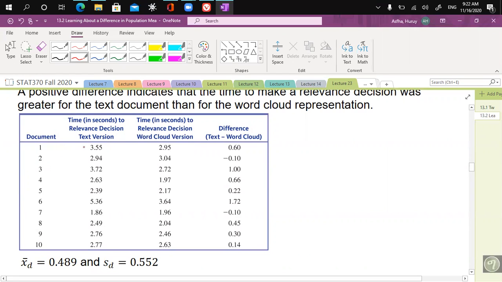There are 10 people, and here is the time in seconds to relevance decision for the text version, and this is for the word cloud version. This is how long it took people to decide whether it's relevant to them or not. And then the difference, text minus word cloud, we have here.